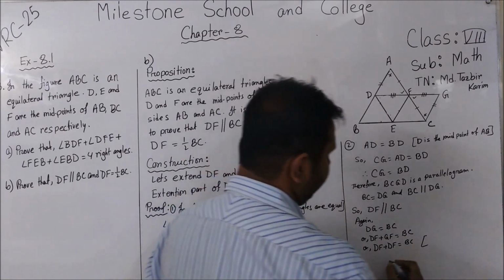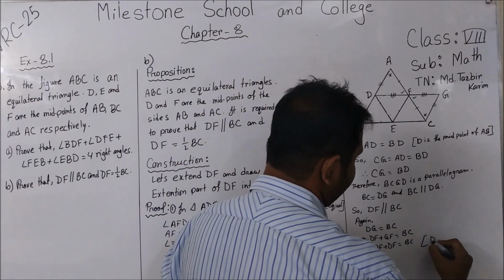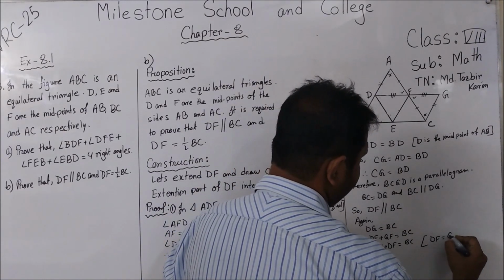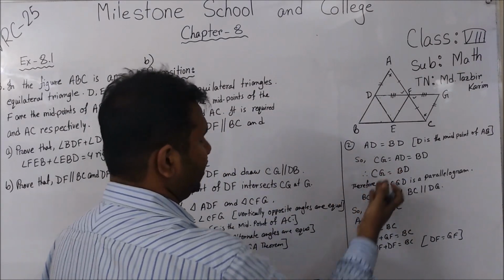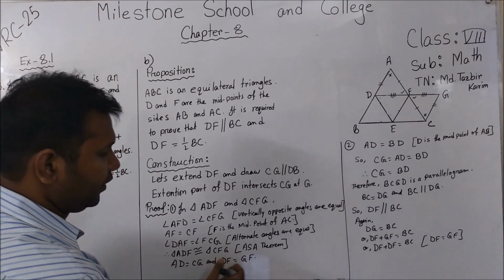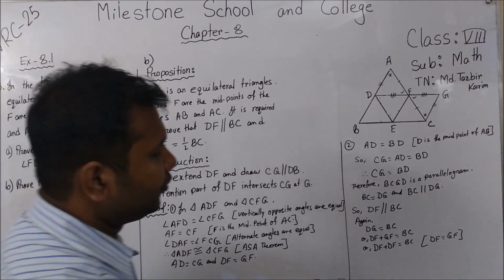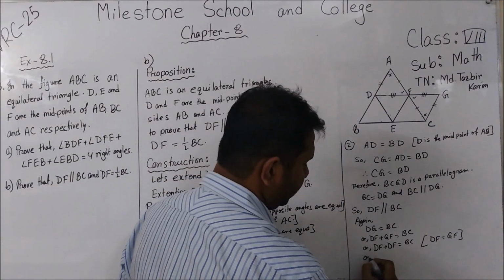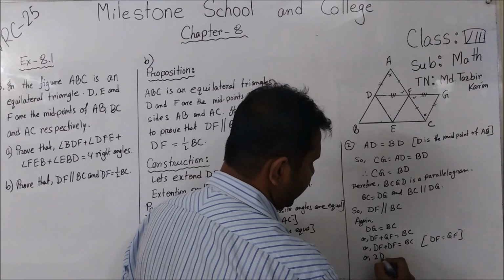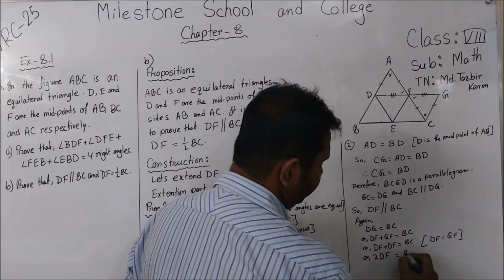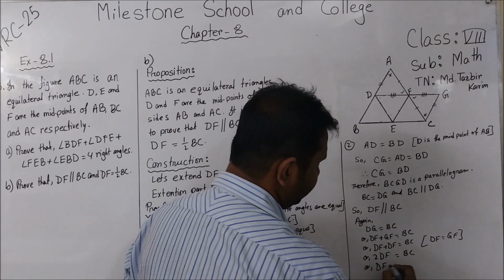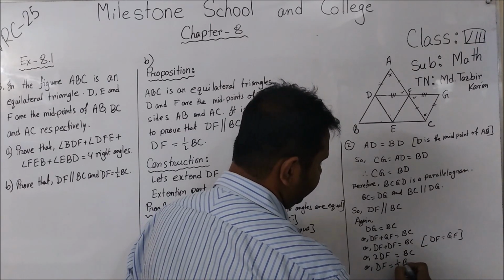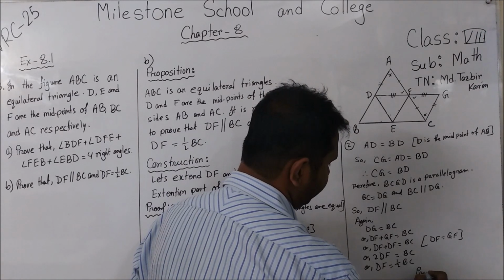You can write because DF equal to GF. We just found out here DF equal to GF from here. So we can write 2DF equal to BC, or DF equal to half of BC, and that is all.